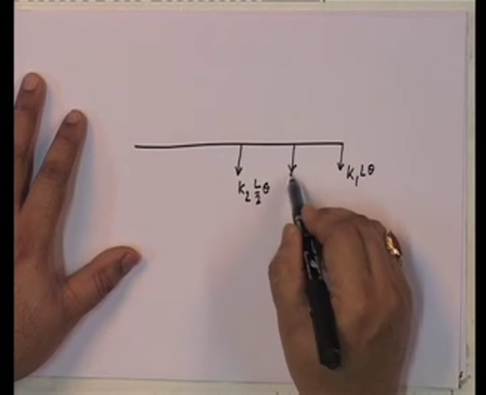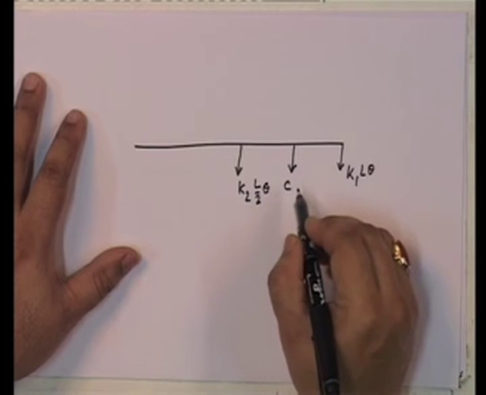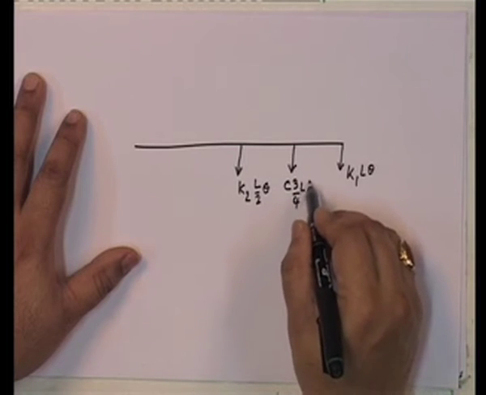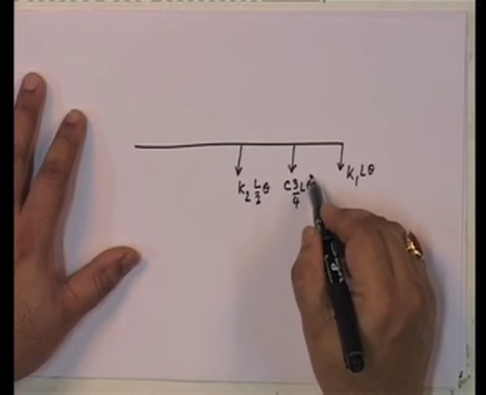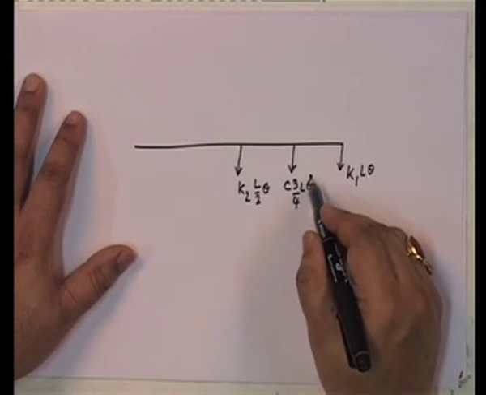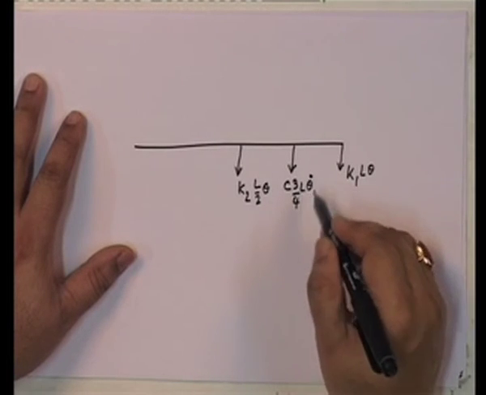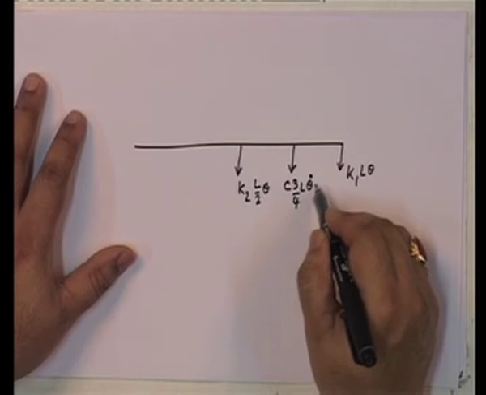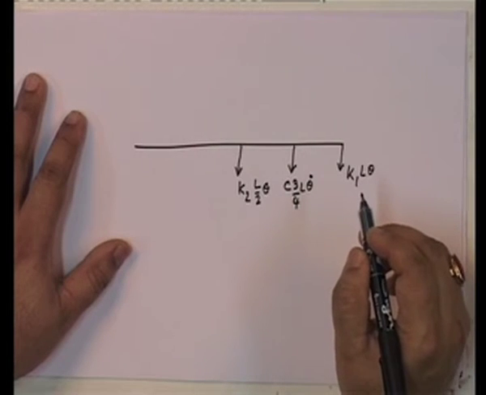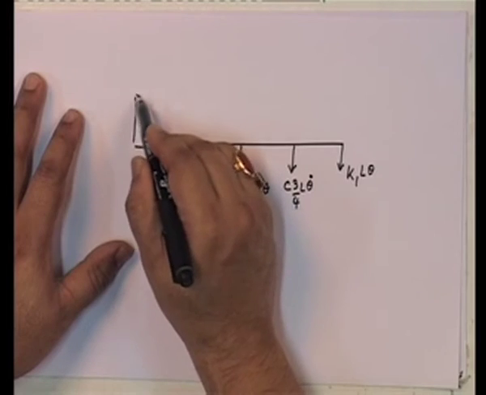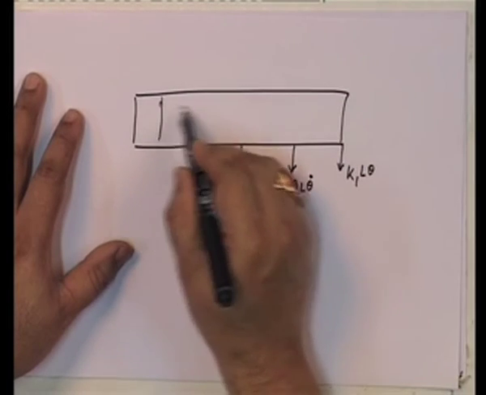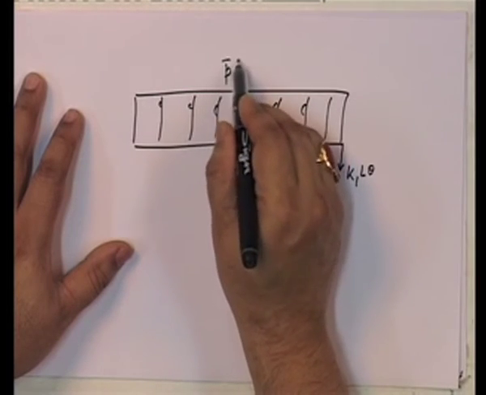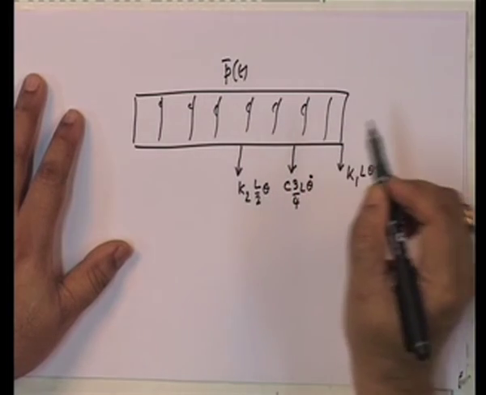Over here, we are going to have C into 3 by 4 L theta dot. Remember, the dashpot is proportional to the velocity. So, it is 3/4 L theta dot, where displacement is L theta. If you differentiate with respect to time, that becomes L theta dot. Apart from that, we have the load, which is given by a constant P bar of T.